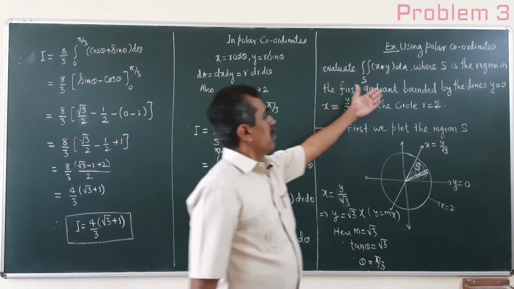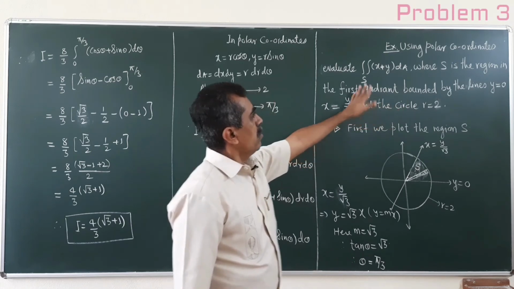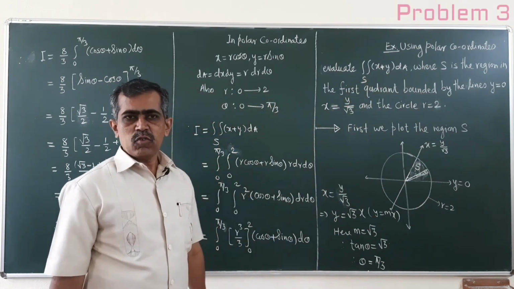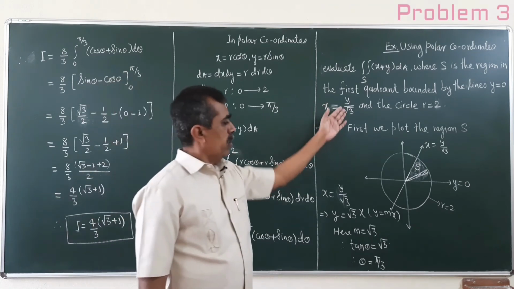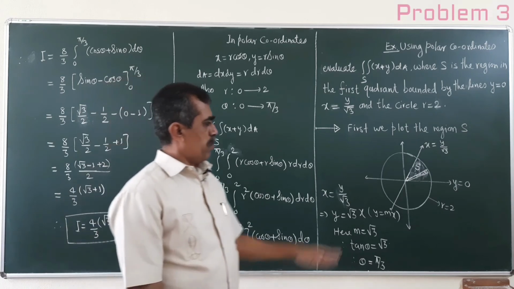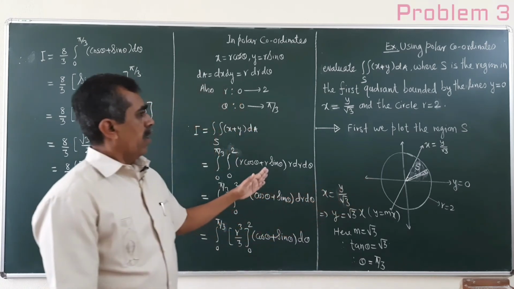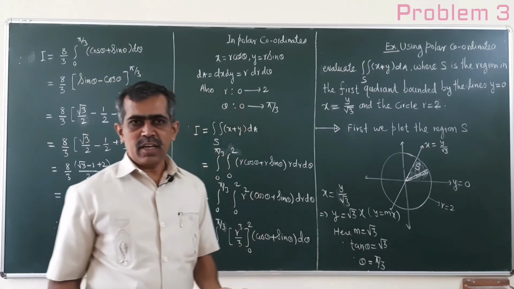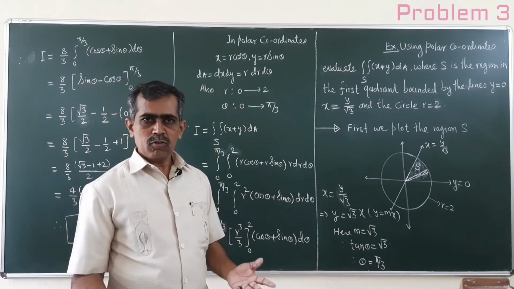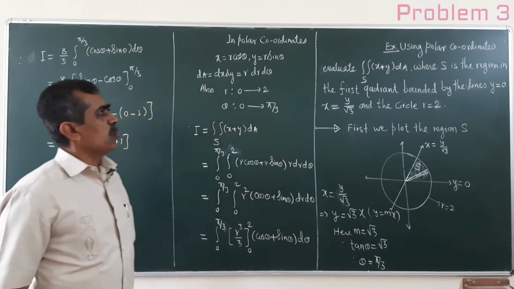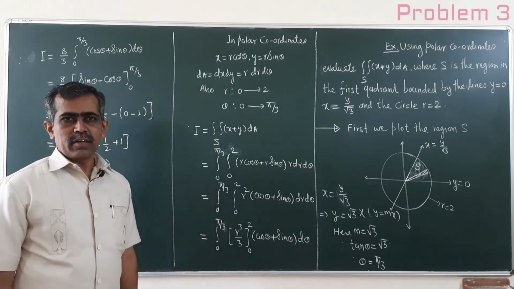So you might be clear with the use of polar coordinates in evaluating those integrals whose domain is a part of a circle, or it is the intersection of a circle and a line or a circle and a parabola also. So that will help us in the easy evaluation of double integrals.